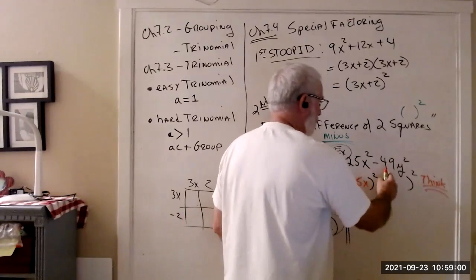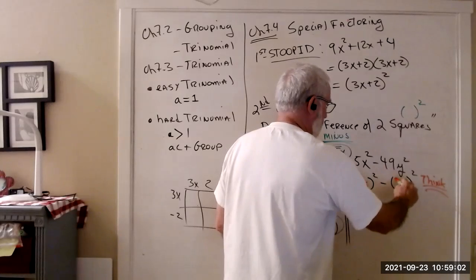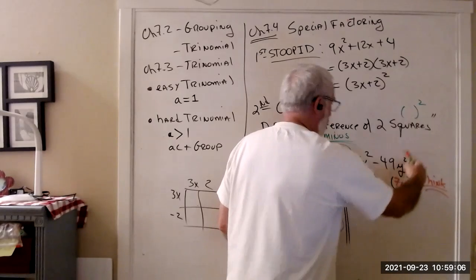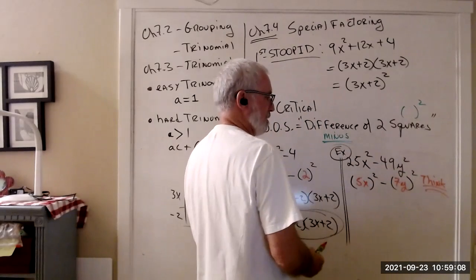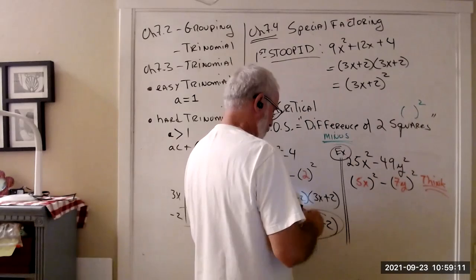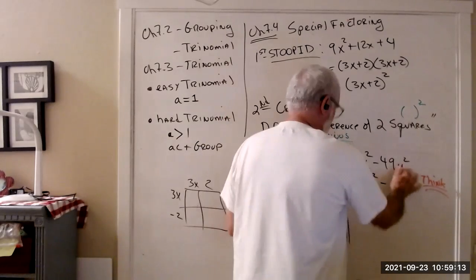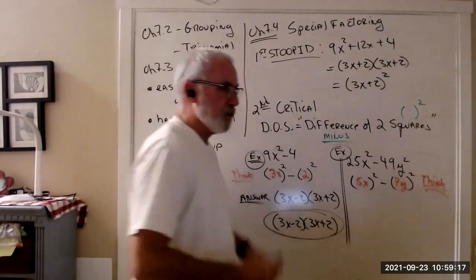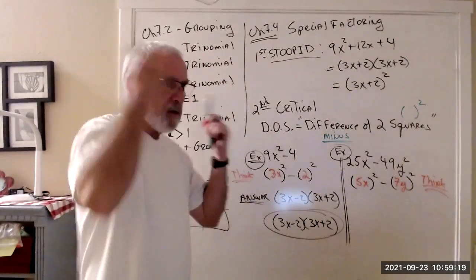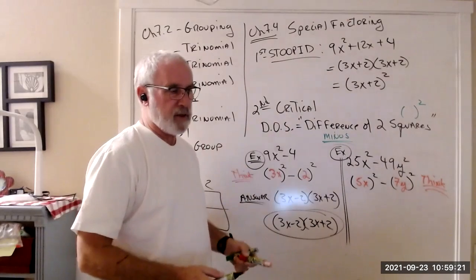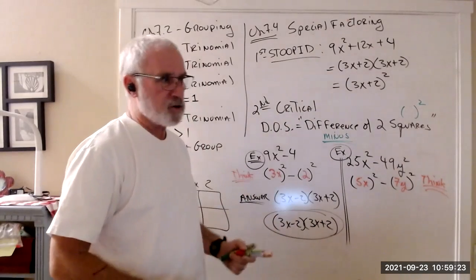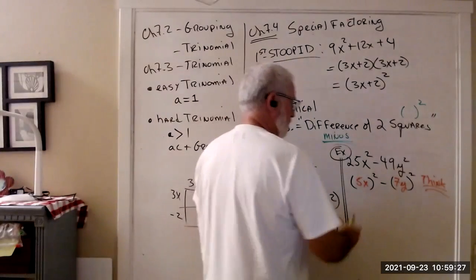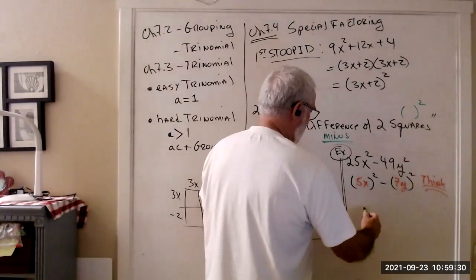And over here, you were right. 7y squared. No, 7y quantity squared. Just correcting what you said. I think you probably knew it. All right, now that's my think step. You don't have to write it down, but you absolutely have to think that. If that's my think step, what's my answer?